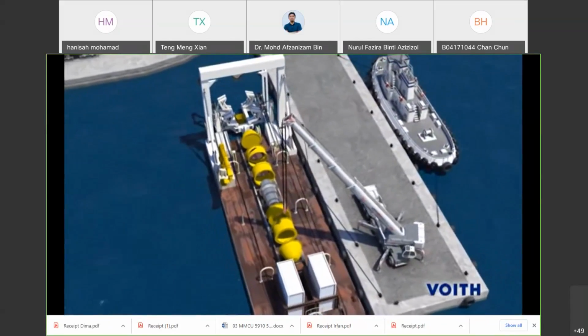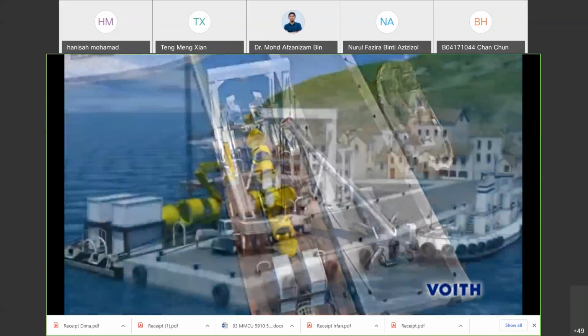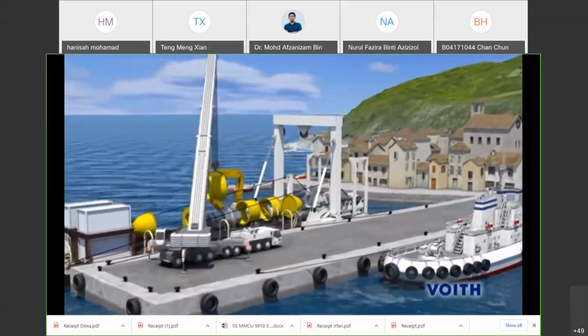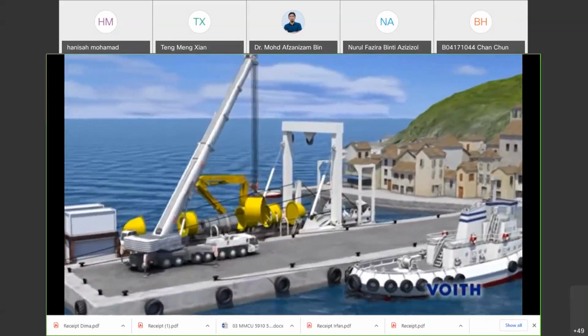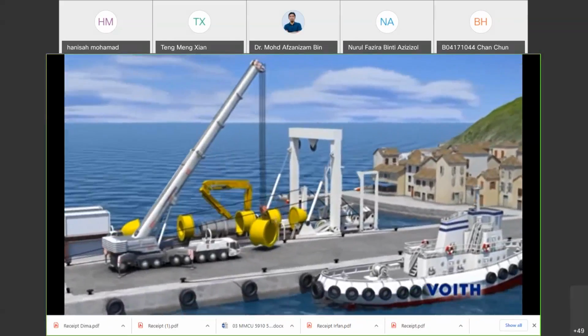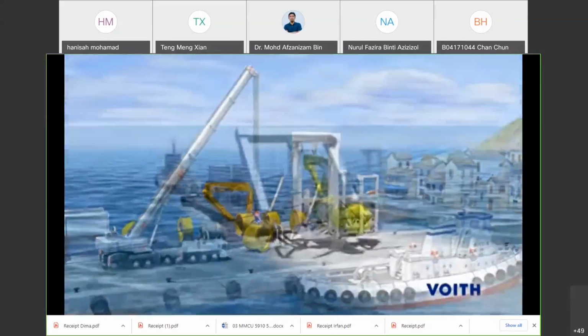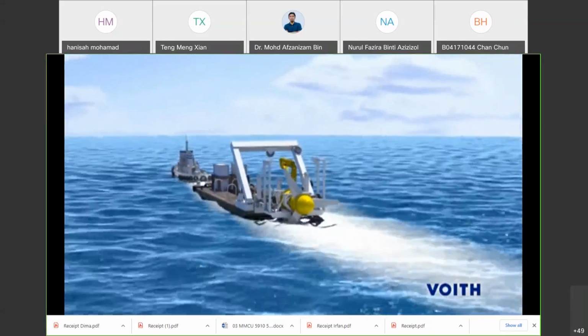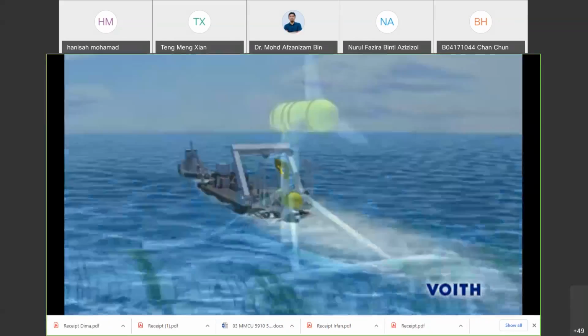Even in small harbors with little infrastructure, the components can be exchanged easily and quickly with comparatively simple equipment, for example, a mobile crane. After completion of the repair or maintenance work, the turbine is returned to its location at sea and reinstalled.